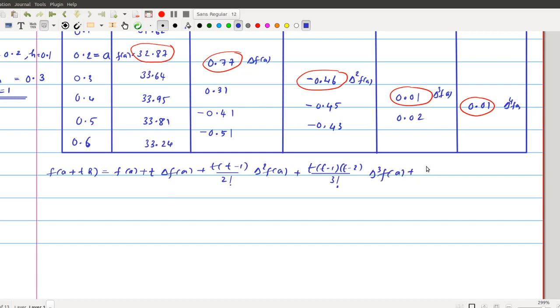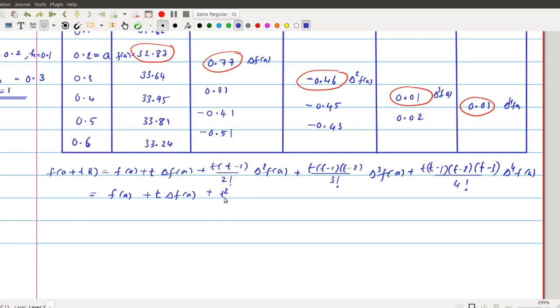We will write one more term, because it contains only del raised to 4 f of a, so t into t minus 1 into t minus 2 into t minus 3 divided by factorial 4 del raised to 4 f of a. Now take the derivative of this. Otherwise you can expand all these things, so that will be f of a. Before we differentiate, we expand these brackets. This is del f of a plus t square minus t divided by 2 factorial, that is 2 itself.